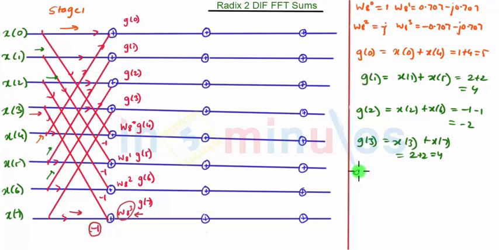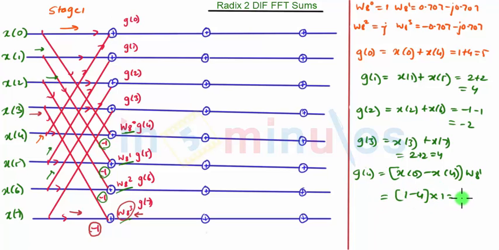Now g(4). Here the main difference is the multiplying factor, that is -1 when the butterfly ends, and another factor, that is W^0, W^1, W^2 and W^3. So now for g(4), x(0) minus x(4) multiplied by W^0, that will be 1 minus 4 into 1. So it comes out to be -3. For g(5), it is x(1) minus x(5) multiplied by W^1.